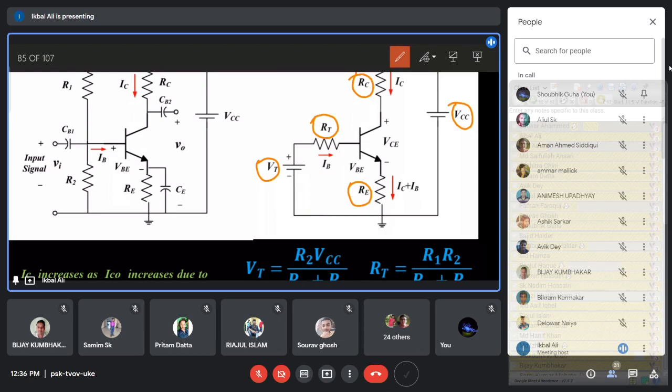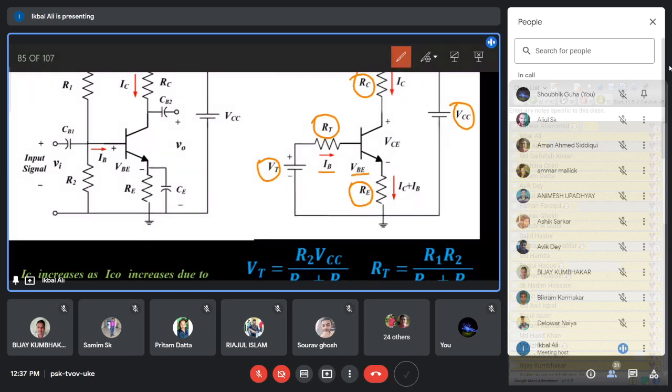What are the unknown quantities? Unknown quantities are the base current and the base emitter voltage, on the input side. Base current IB is unknown to you. Either you apply a meter to measure the current, or you calculate the current by this analysis.